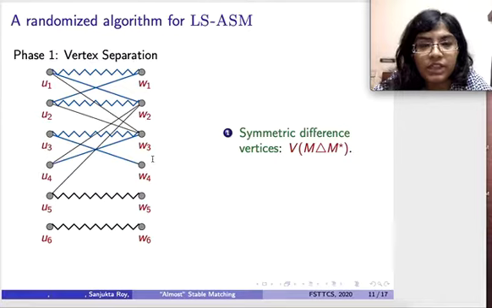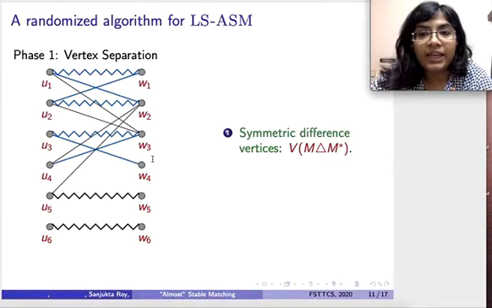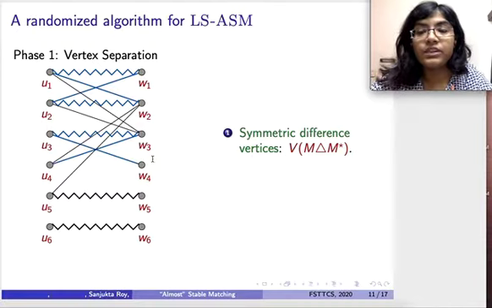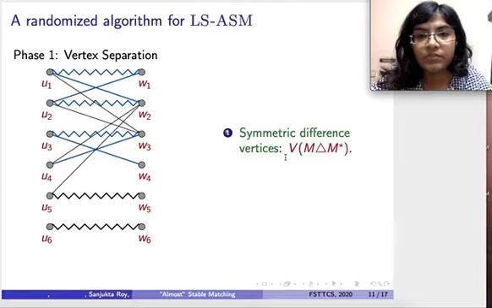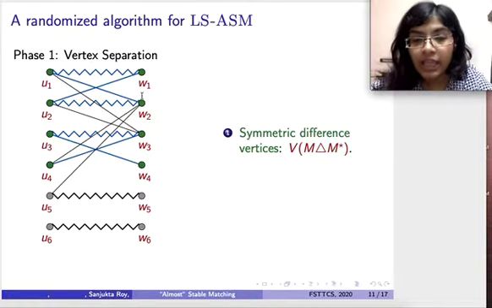The first step is we want to identify, or highlight, the symmetric difference vertices. What are the symmetric difference vertices? The endpoints of the symmetric difference edges, the endpoints of these blue edges. We highlight them with color green, and we want to separate them from the remaining vertices.